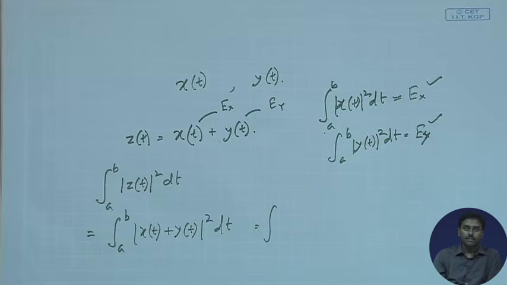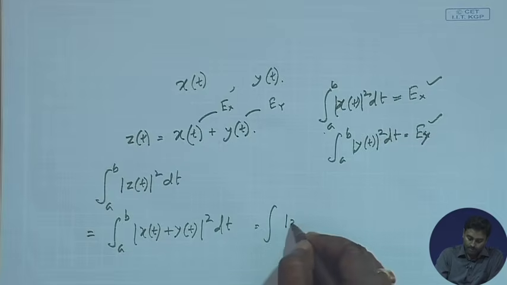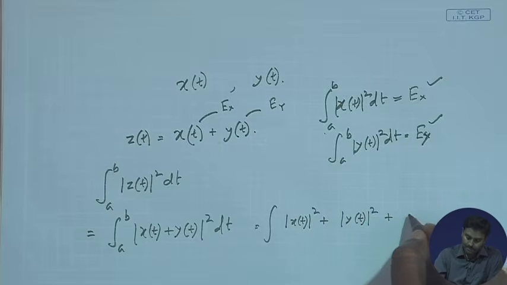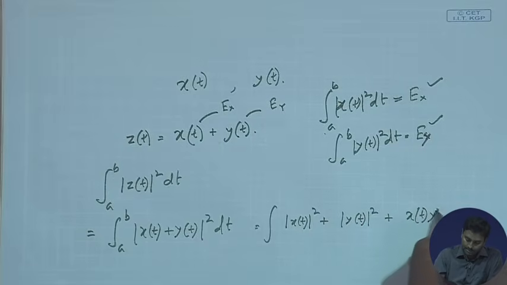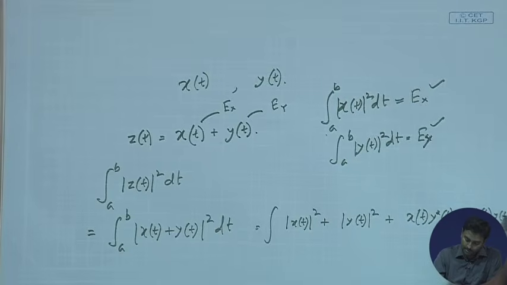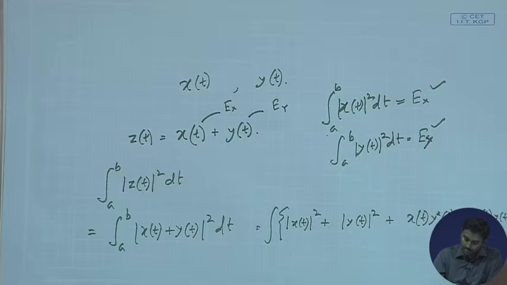Now, expand this. That should be |x(t)|² plus |y(t)|² plus x(t)y*(t) plus x*(t)y(t), the whole thing integrated over dt.